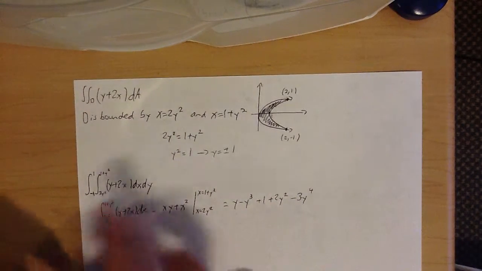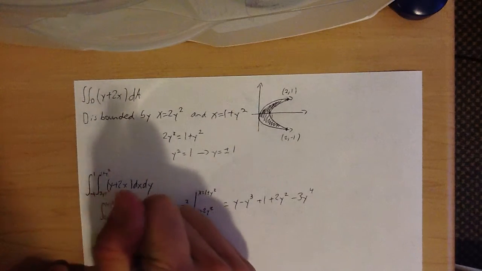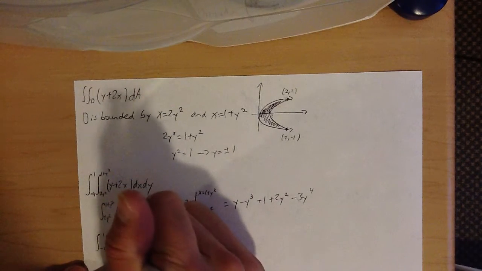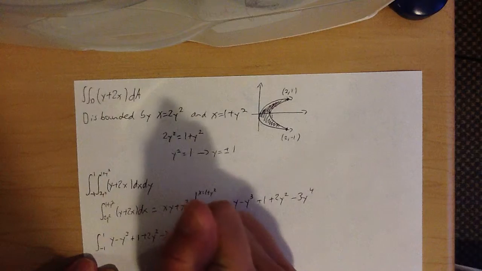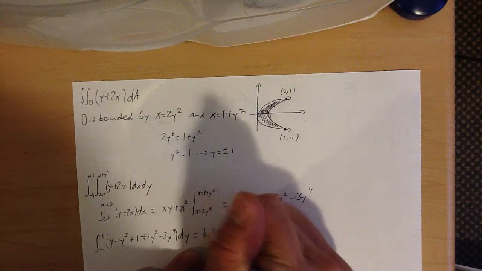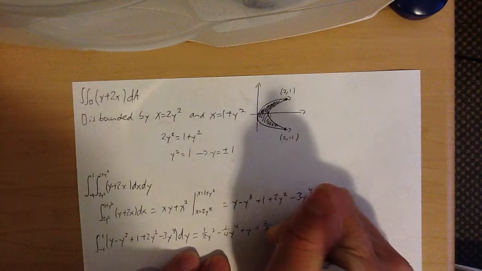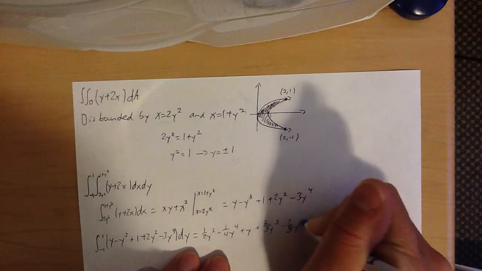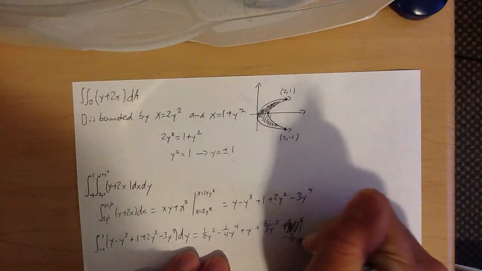Now let us take care of the y integral. So this is from minus 1 to 1 of y minus y cubed plus 1 plus 2y squared minus 3y to the 4th dy, and this is simply half y squared minus 1/4 y to the 4th plus y plus 2/3 y cubed minus 3/5 y to the 5th.